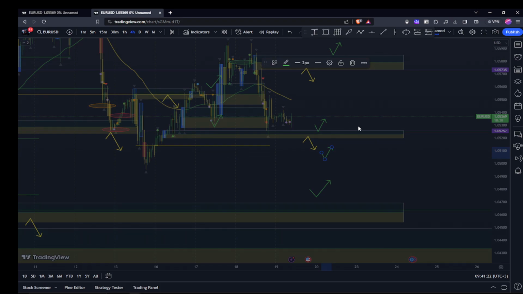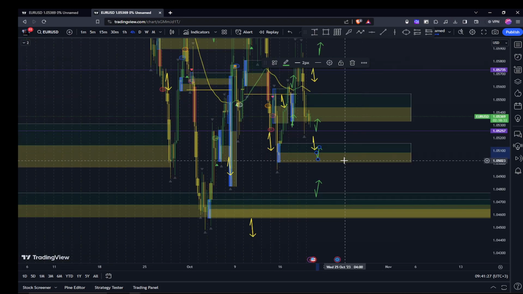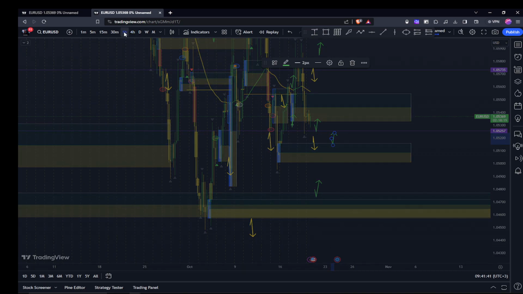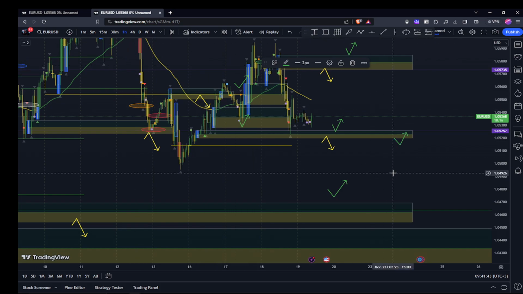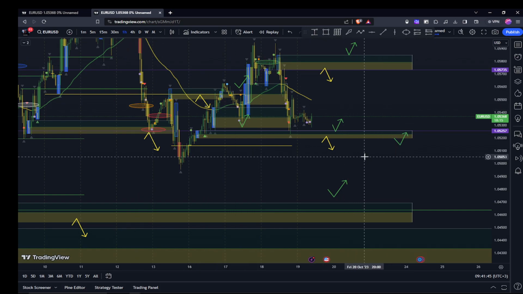The moment I analyze my 4 hour, this 4 hour of mine, I get a sense. Is it a sense or a bias? I get a bias of what the market likely wants to do.